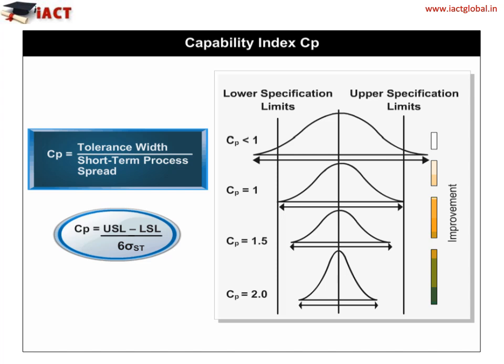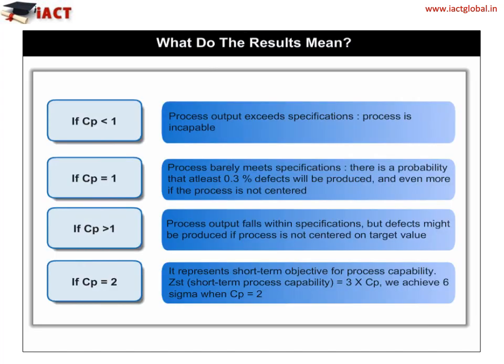The basic assumption in CP is that the process is statistically stable and that the data are approximately normally distributed. Because CP does not provide for process centering, the team cannot define process performance merely on the basis of it alone.